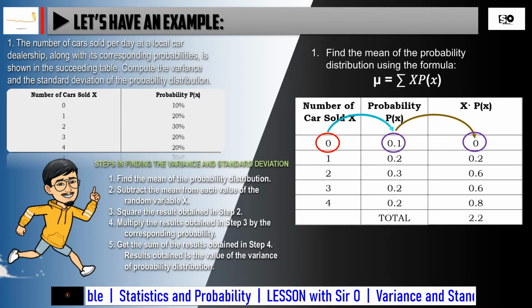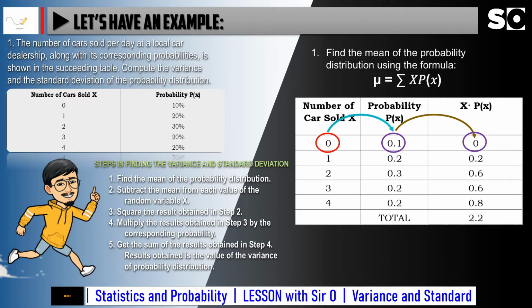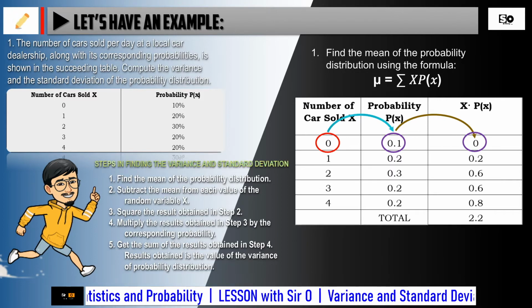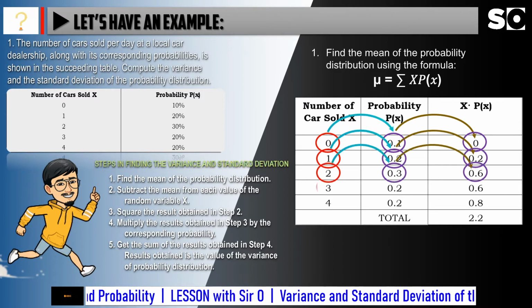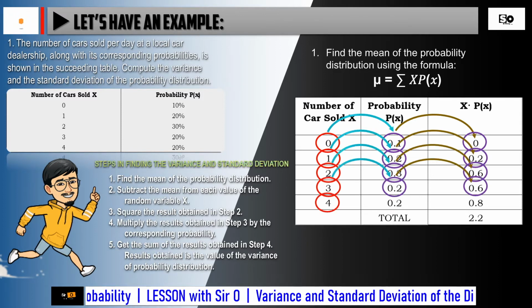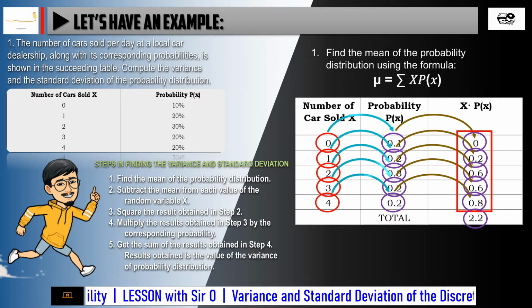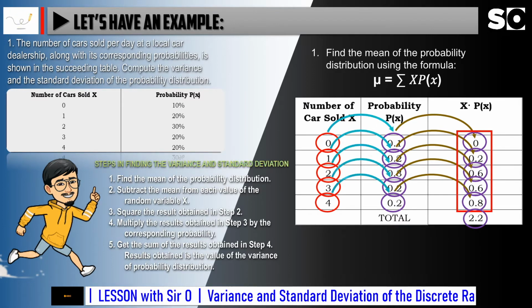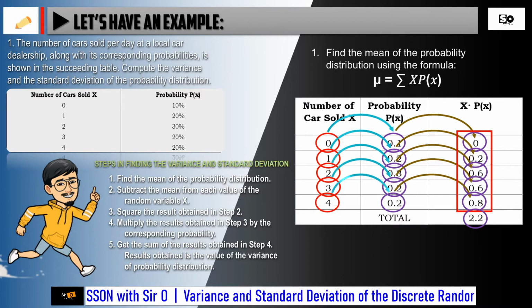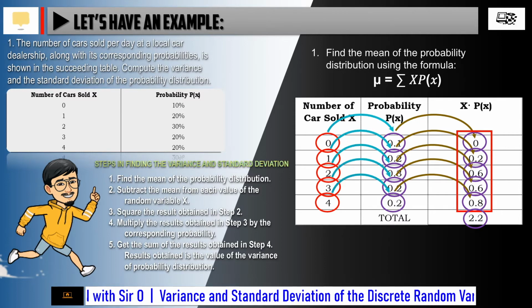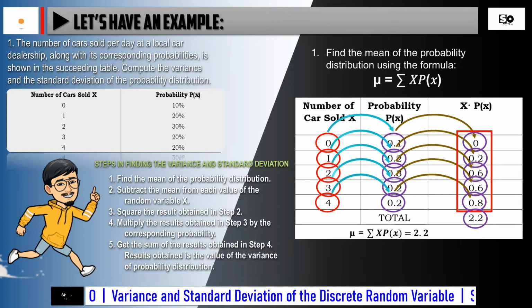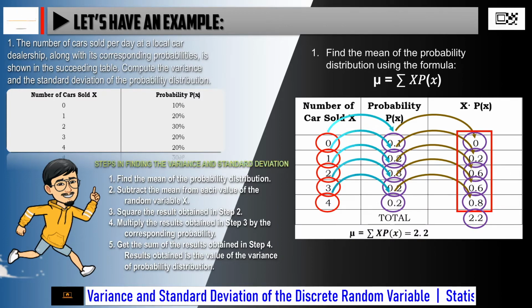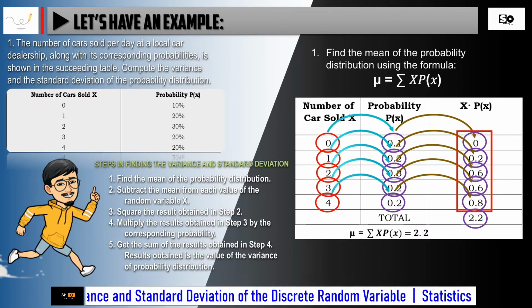So we have 0. Do it in the succeeding values. Then add to get the total mean. So for this example, we have mean is equal to 2.2.